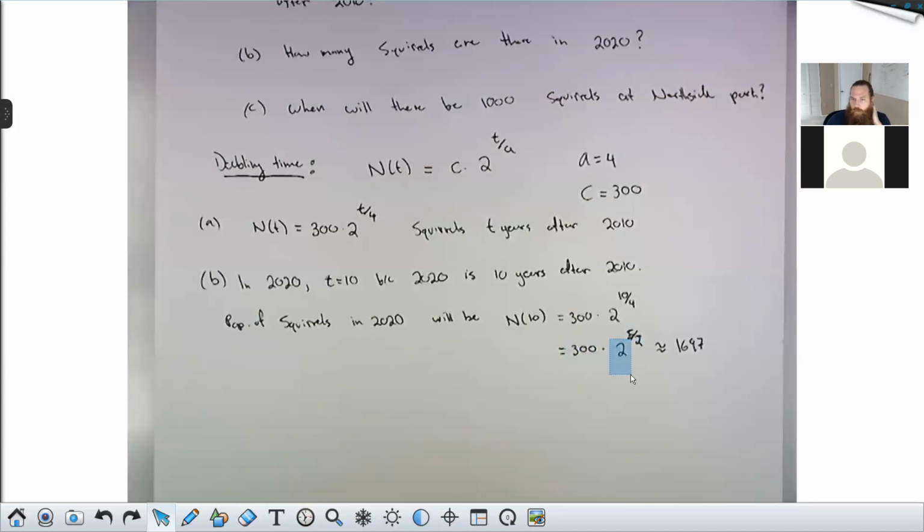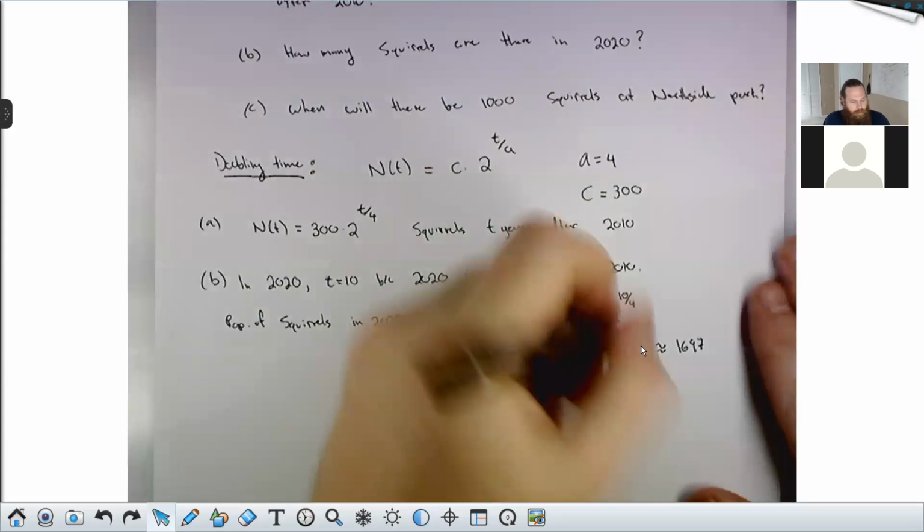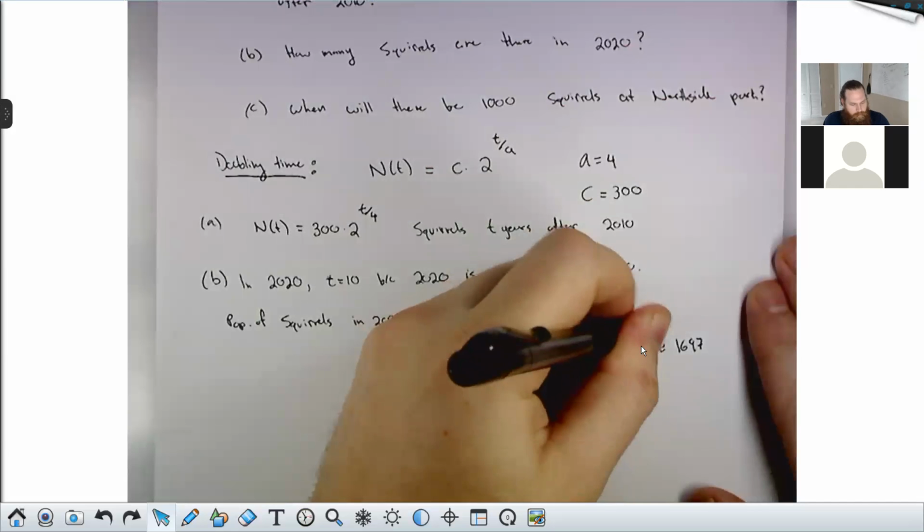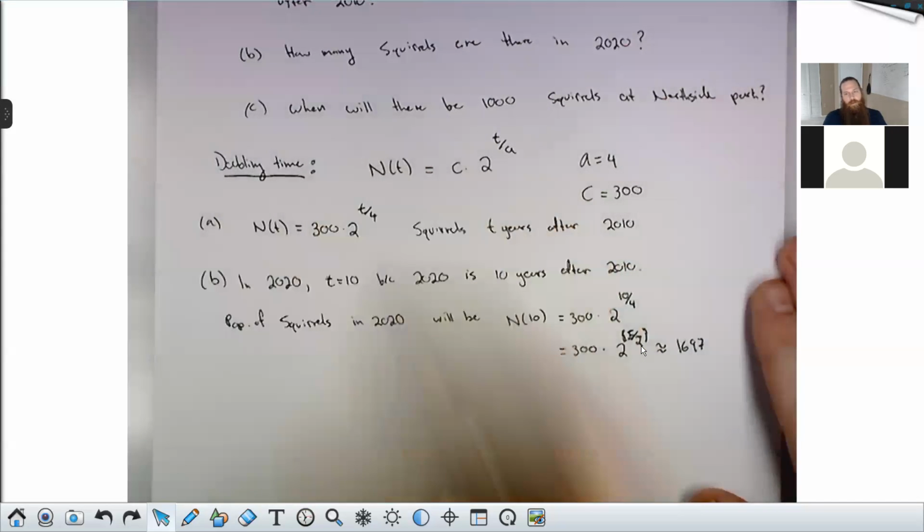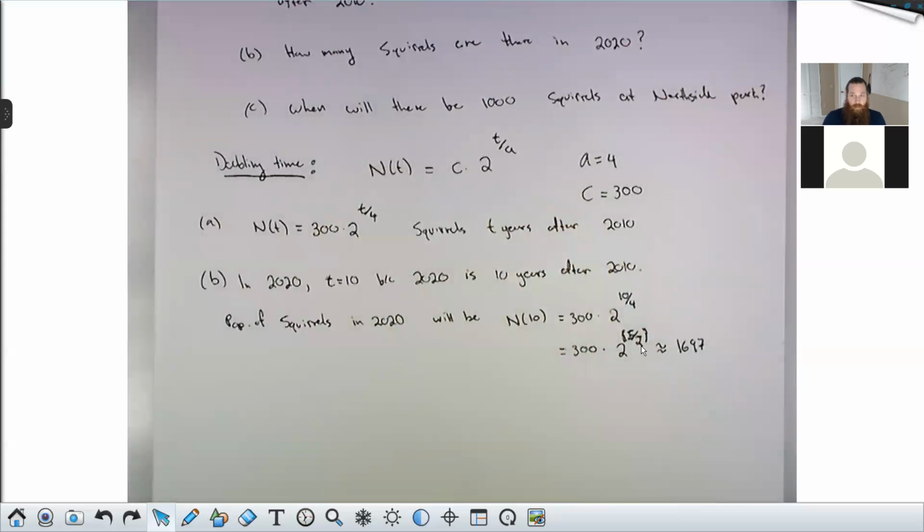And when you raise 2 to the 5 halves, you may need to put this exponent in parentheses, depending on the type of calculator you're using. Some calculators allow you to shift up and stay in the exponent, but if you're using the calculator that this class calls for, and the only calculator permitted on the exam, you will need to put your exponent in parens.